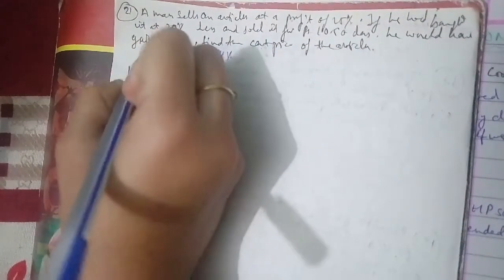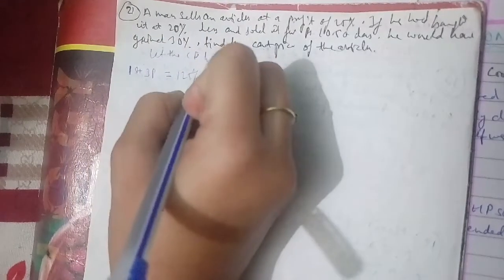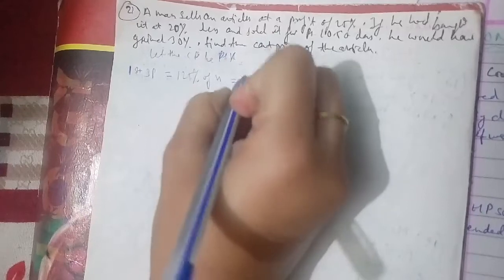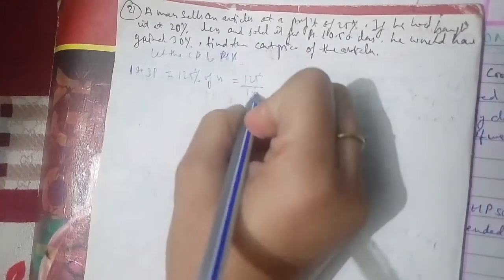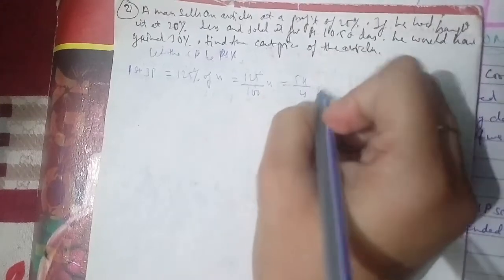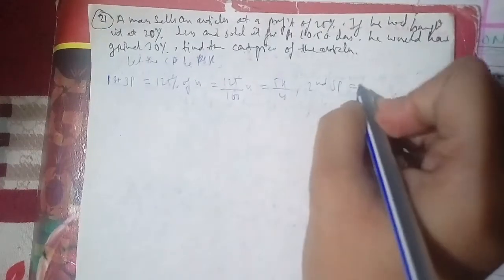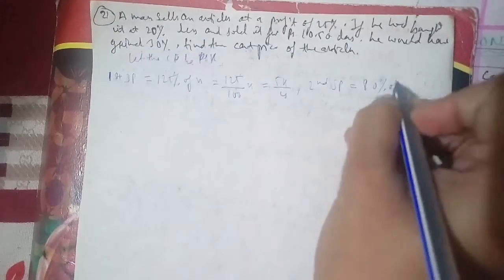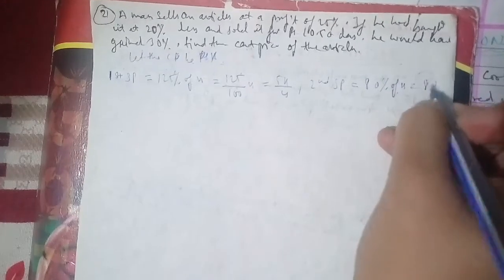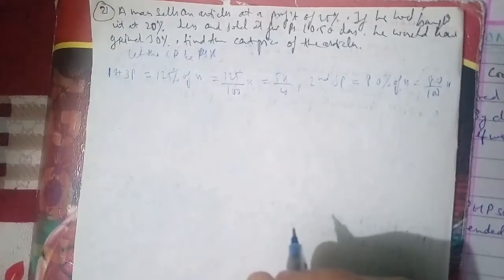So first SP equals 125% of x, which equals 125 upon 100 x, equals 5x upon 4. Second CP equals 80% of x, which equals 80 upon 100 x, and that equals 4x upon 5.